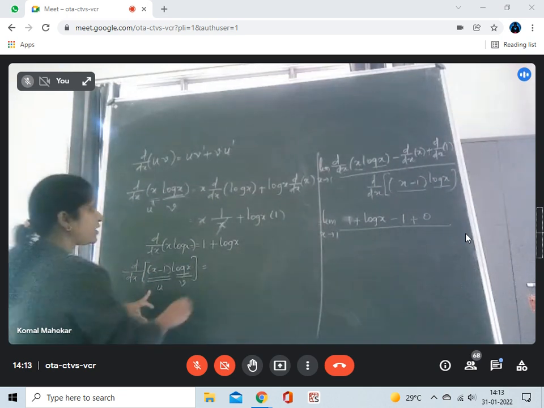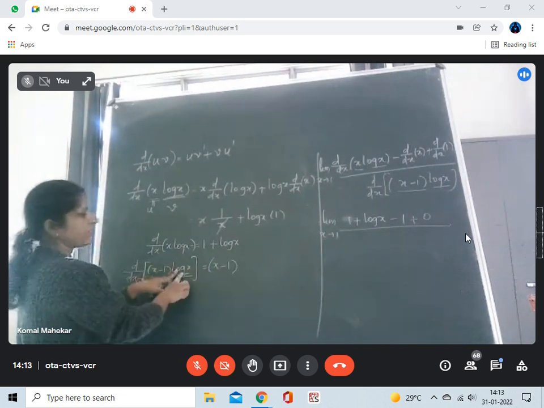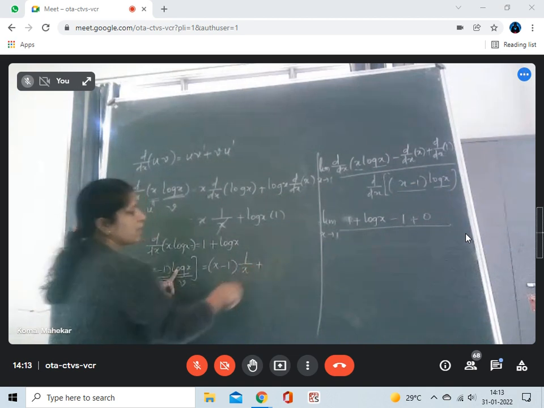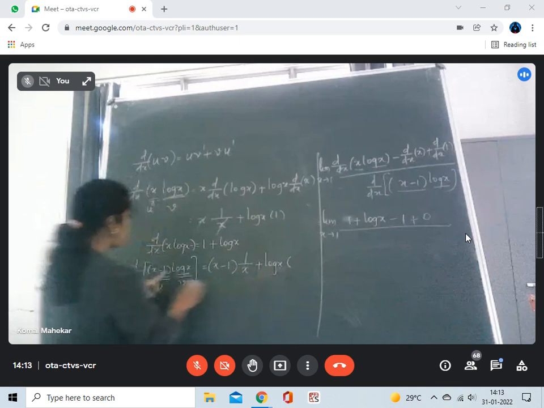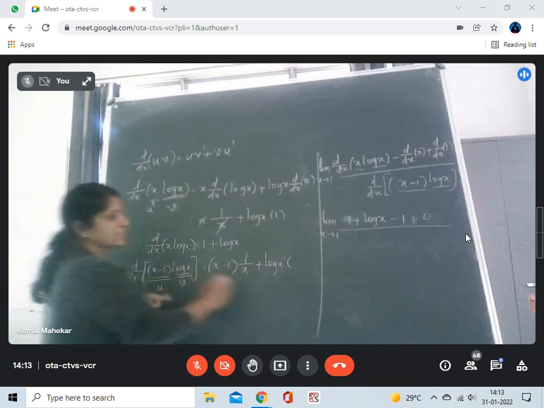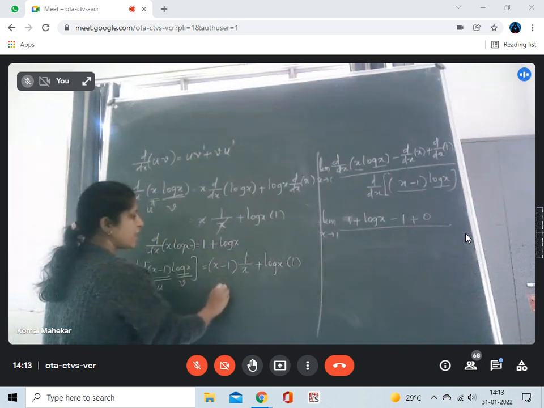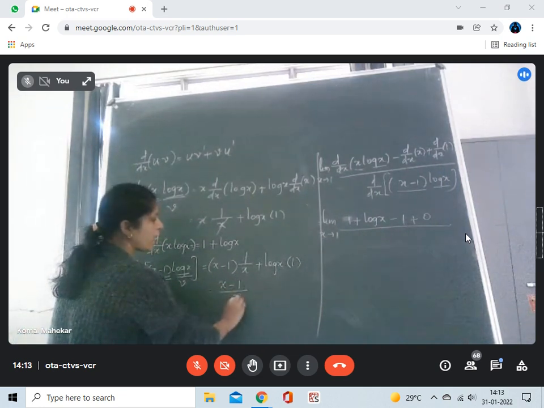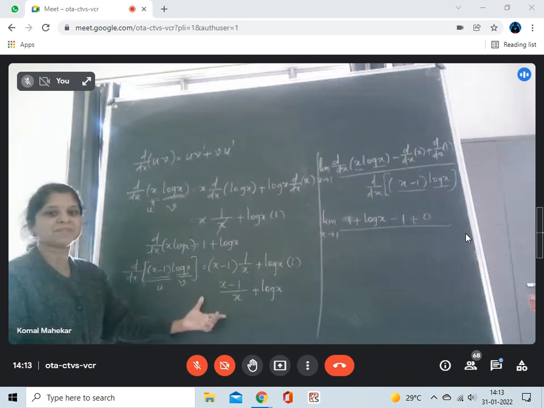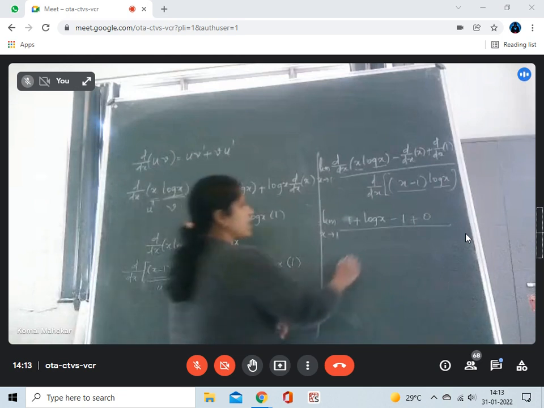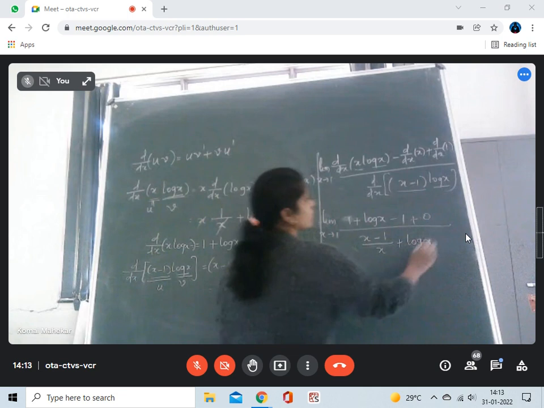So what will be the derivative? u into v dash, that is x minus 1 into the derivative of log x, that is 1 by x, plus v into u dash, that is log of x into the derivative of x minus 1 with respect to x, that is 1 only, 1 minus 0, that is 1. So this is x minus 1 upon x plus log of x. Okay, this is the derivative of the denominator.